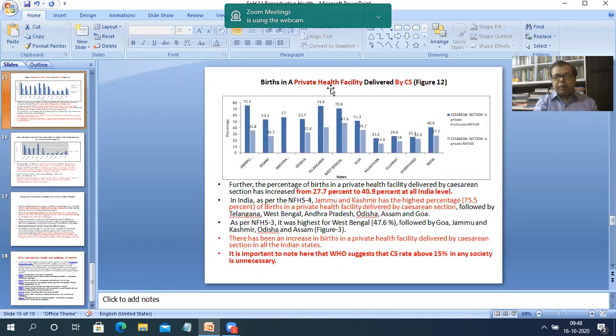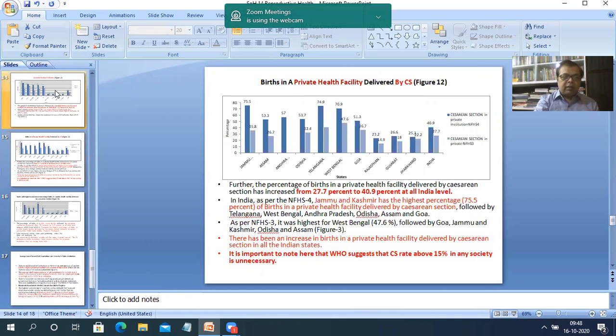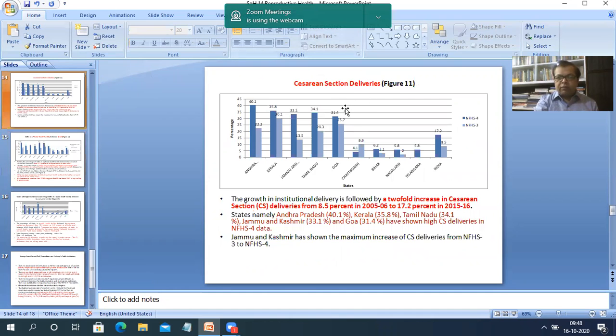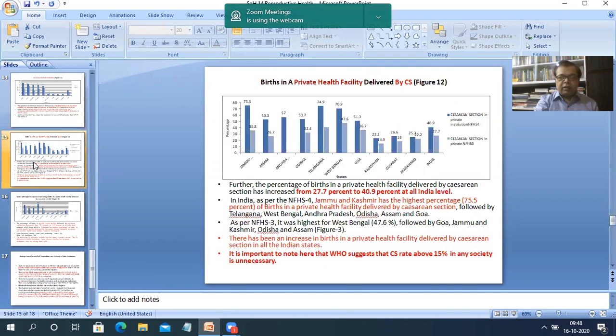Birth in a private health facility delivered by CS. So when we talk about cesarean section delivery, this was the previous slide, where the title was not visible. And this is the second one, birth in a private health facility delivered by CS. When we go by the number of cesarean section deliveries, we find that in private hospitals these numbers are very high.